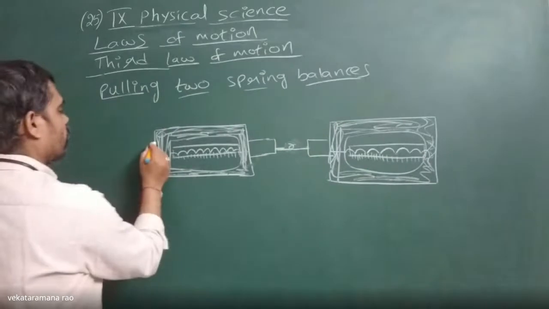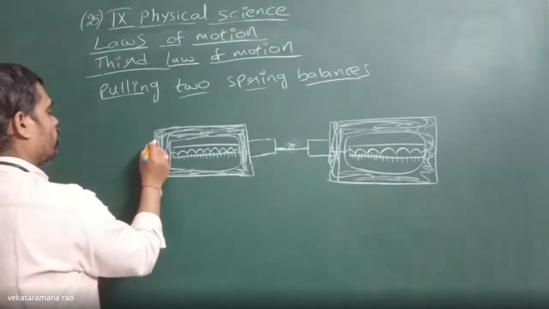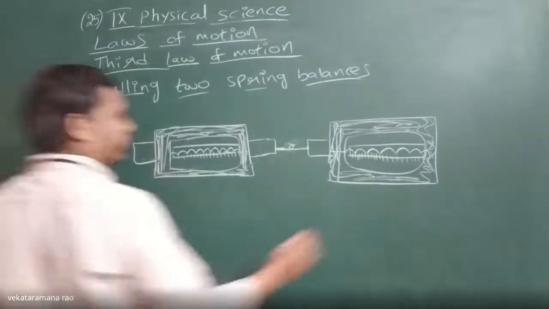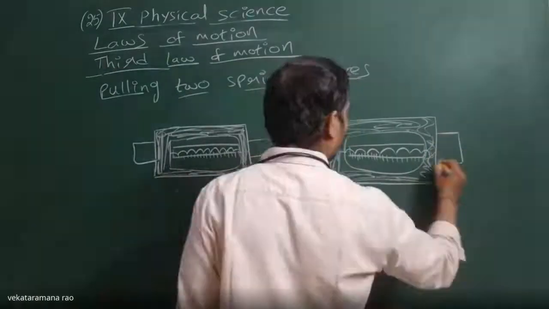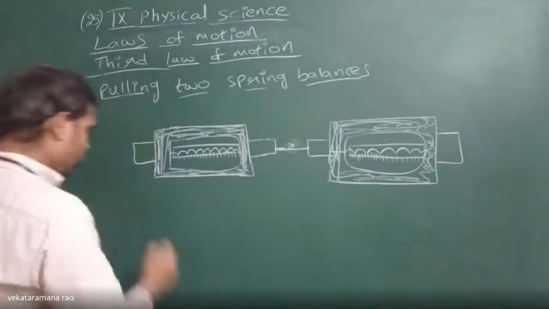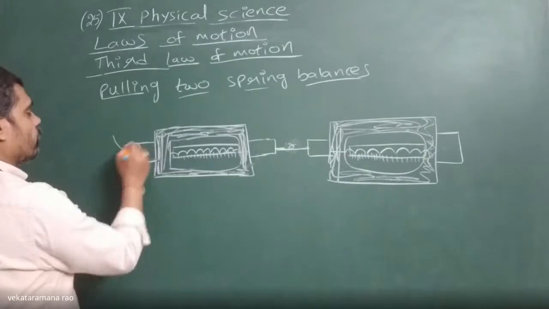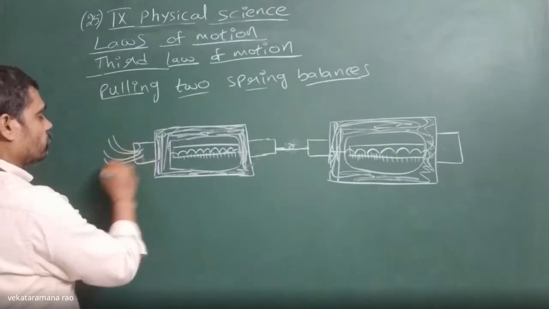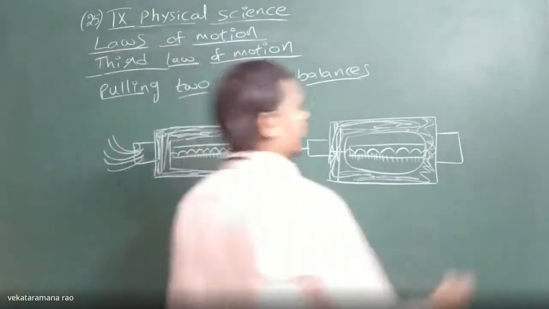And here we'll have a holder. With the help of a holder, we are able to pull it. So with this we can pull it, and here the other one can also pull it.